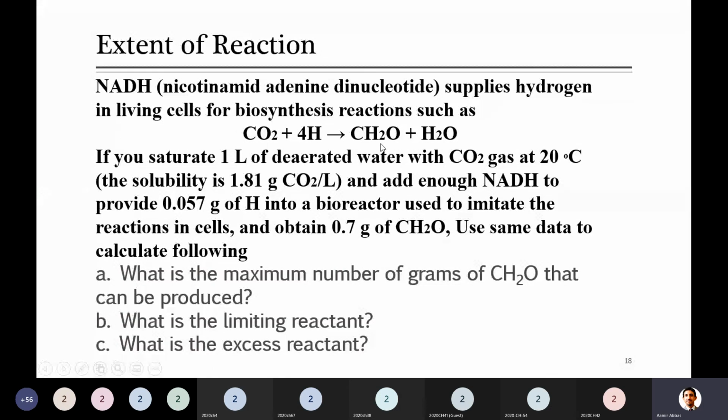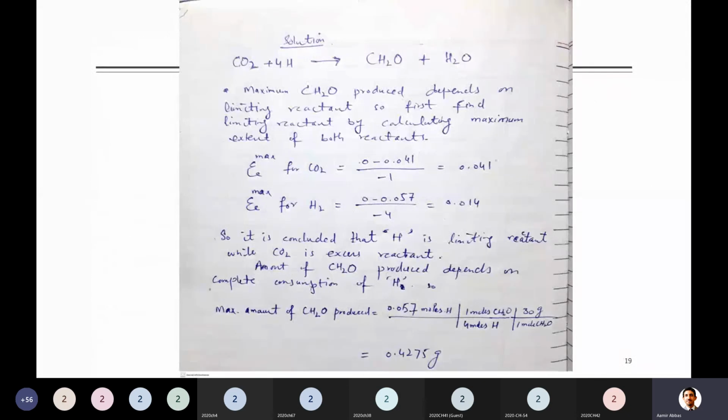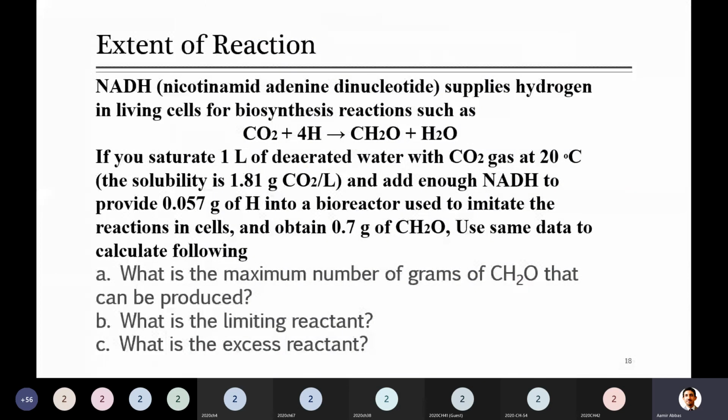Can you tell me that its maximum amount which can be produced will depend on which component? So hydrogen. Anything which is limiting, actually it will depend on that, because for a complete reaction, the limiting reactant is completely consumed, so its maximum value depends on the limiting reactant. So due to this, we have to decide the limiting reactant, as well as he said in the question what is the limiting reactant and what is the excess.